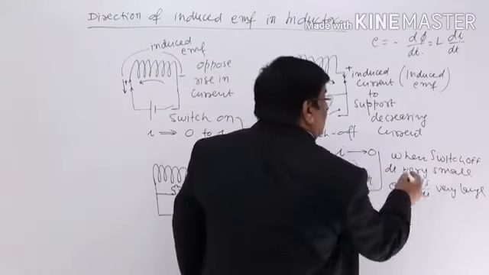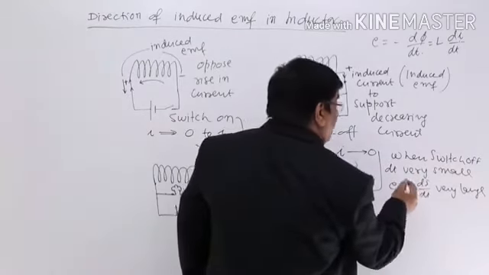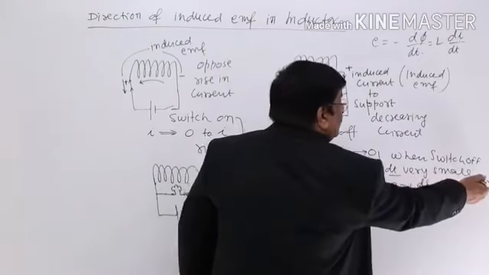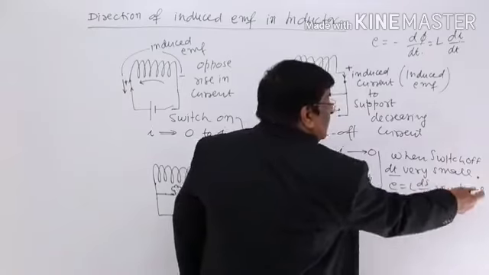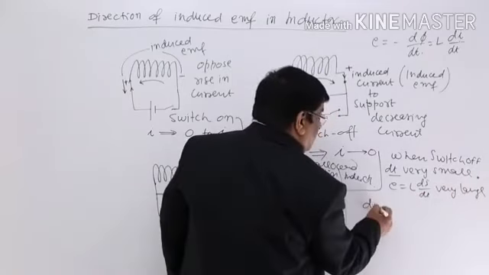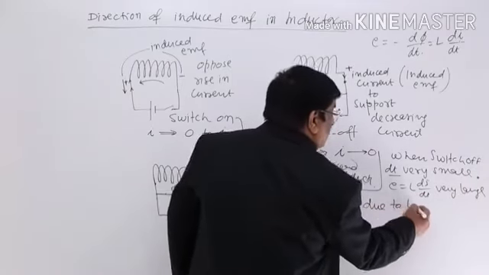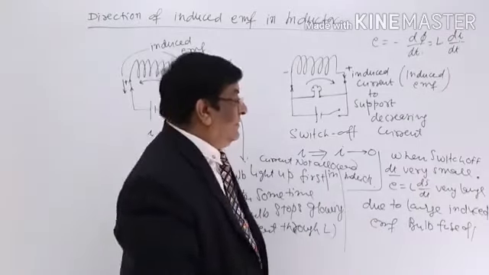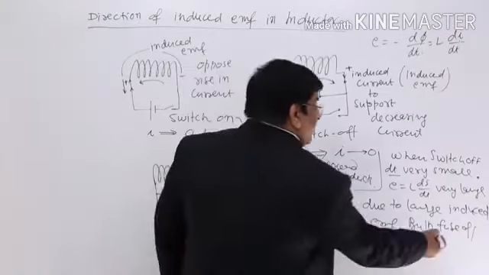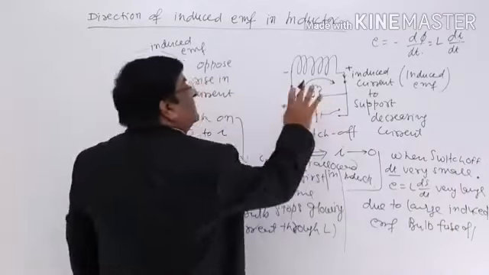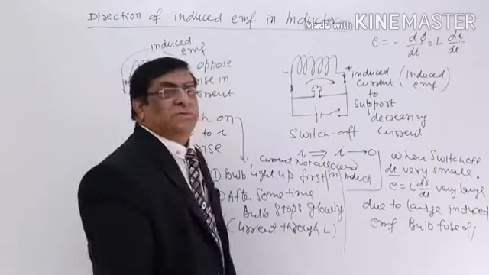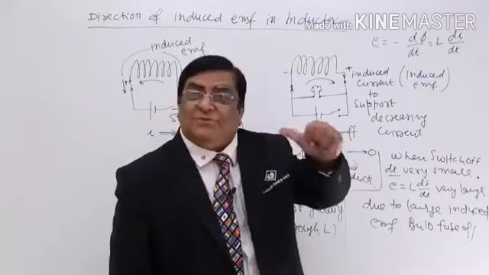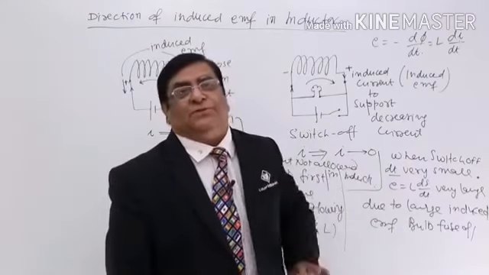So, when switch off at very small dt, E very large, due to large induced EMF, bulb fuses off. So most of the bulbs in our house fuse off when we switch it off, not when we switch it on.